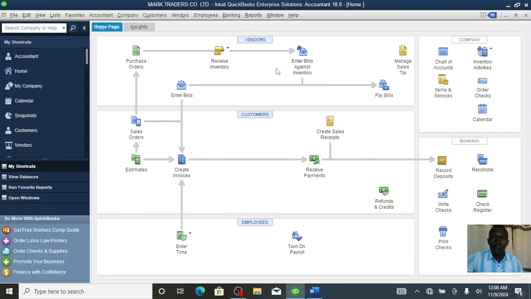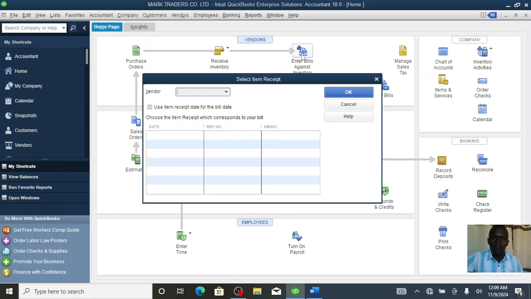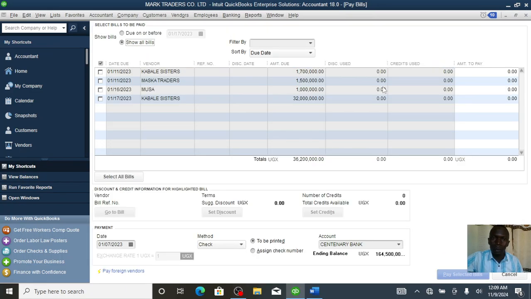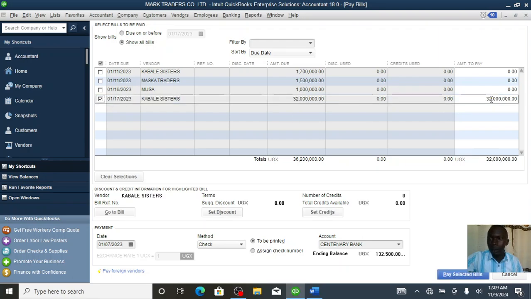So after receiving it, they say that we paid half. So no, this one. We go to pay bills. So our bill is Cavalry Sisters here, which was on 7th.